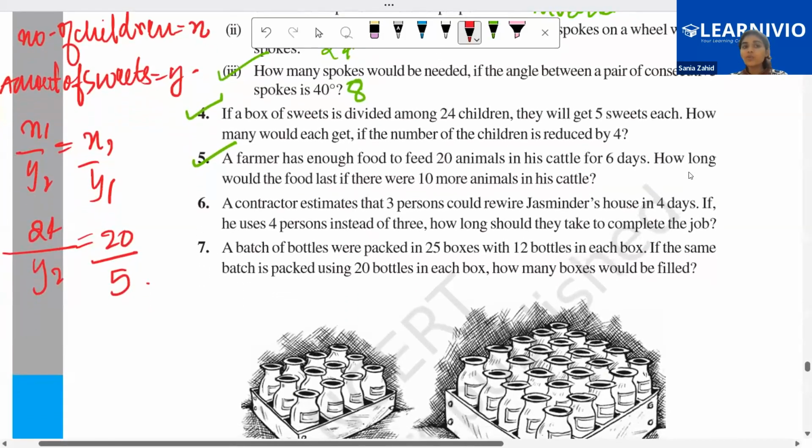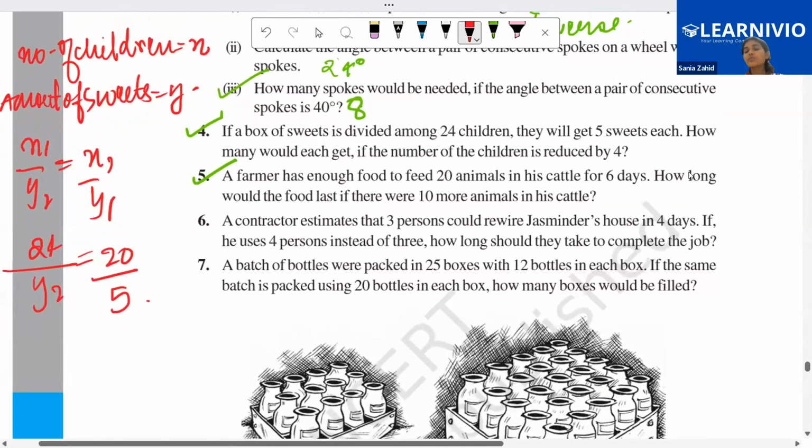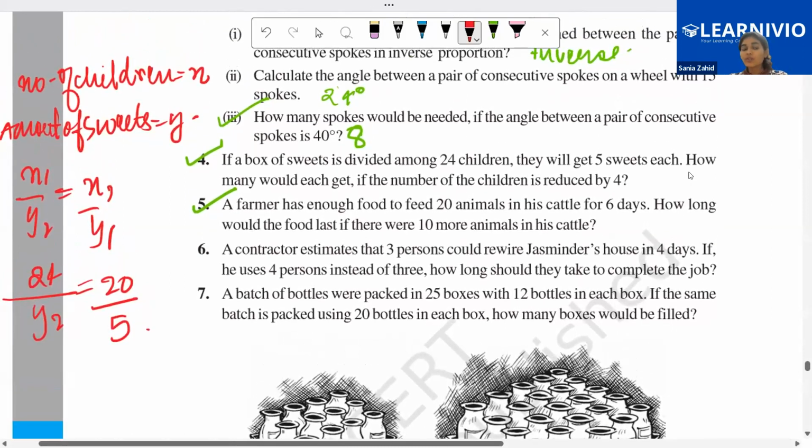So, you were not able to understand. Please listen now. In this question, there are two quantities. One of them is the number of children. The other one is the amount of sweets. I considered the number of children to be X and the amount of sweets to be Y. Now, since it is an inverse proportion, I use this formula. X1 is 24, because it is given that if there are 24 children, each gets 5 sweets.